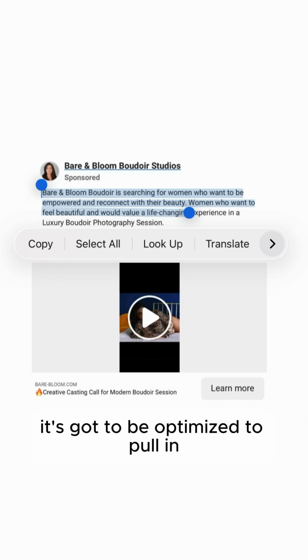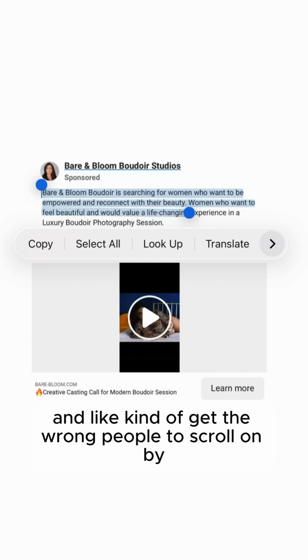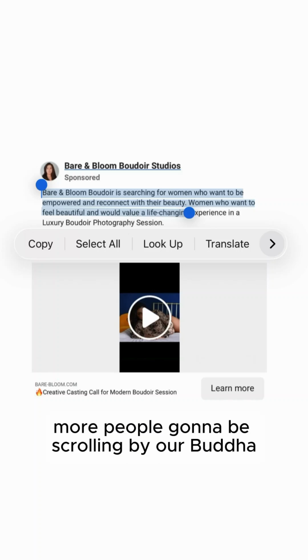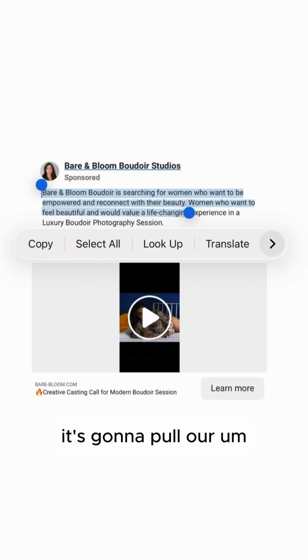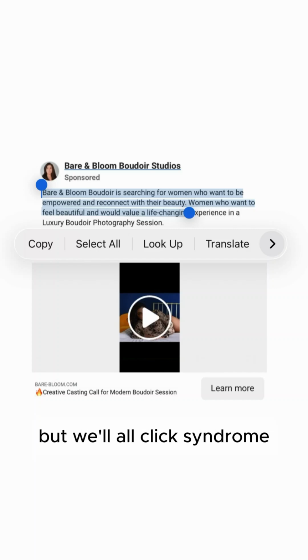It's got to be optimized to pull in the optimized amount of people for our ad spend and get the wrong people to scroll on by. So the consequence of this is way more people are going to be scrolling by our Boudoir Facebook ads than necessary. It's going to pull our unique CTRL under 6% and contribute to BLCS, Boudoir low click syndrome.